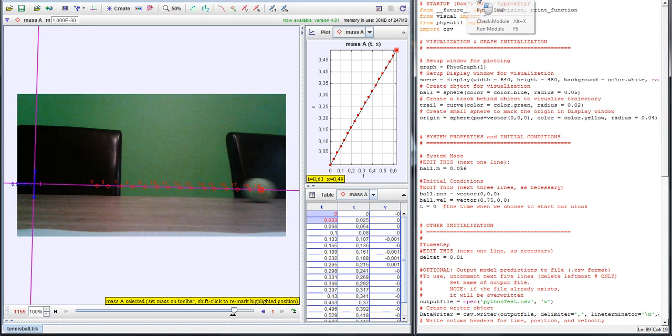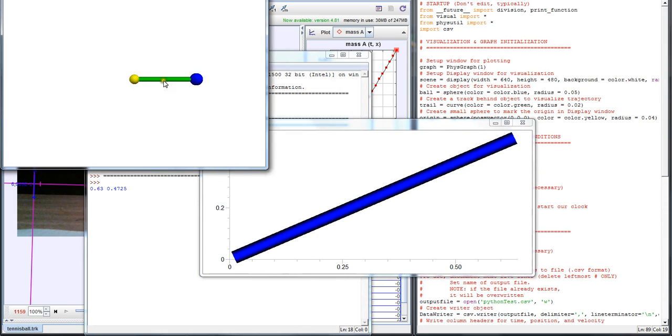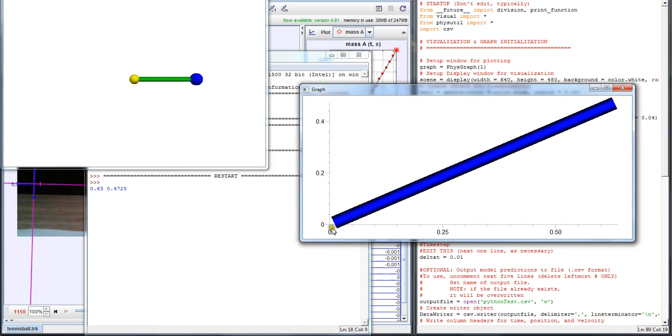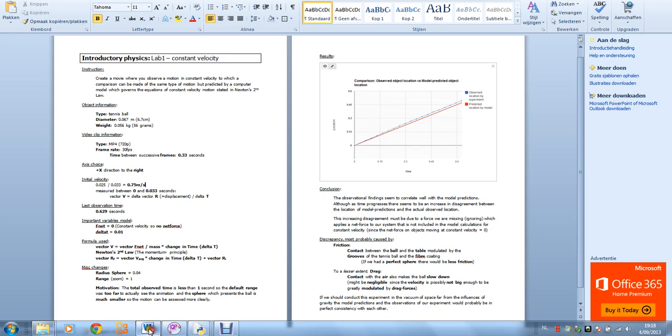As the program runs, you can see the ball moving along the plus x direction and the graph being plotted, which gives location as a function of time. The results of those two curves, the observed location over time and the predicted location over time, were put in one single graph using Google Sheets.